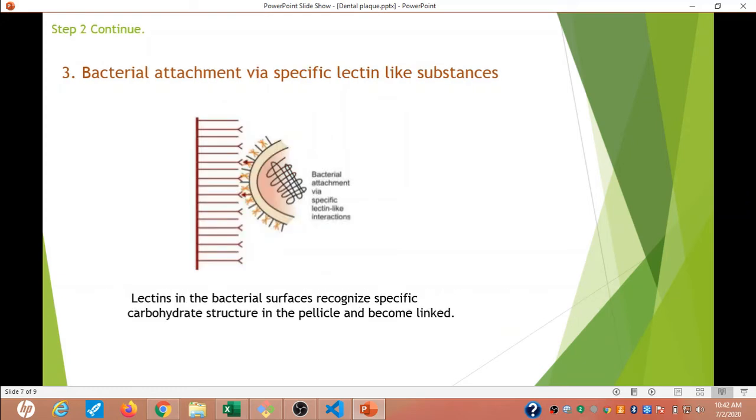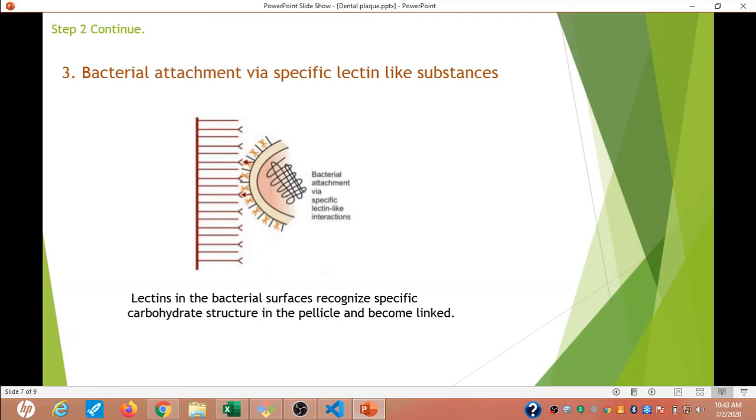Bacterial attachment via specific lectin-like substance. Lectins on the bacterial surface recognize specific carbohydrate structure in the pellicle and become linked. So lectins are glycan binding proteins in bacteria.